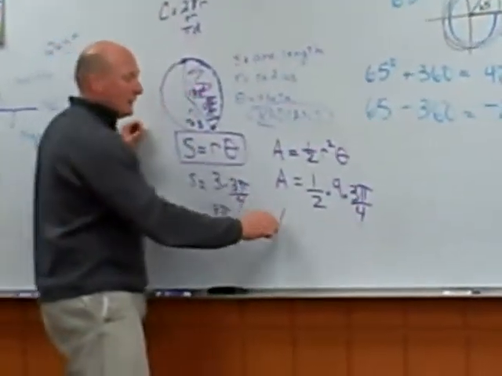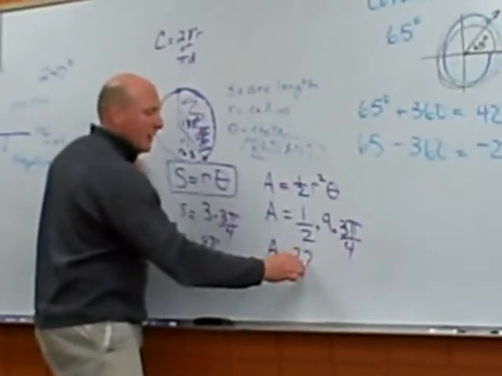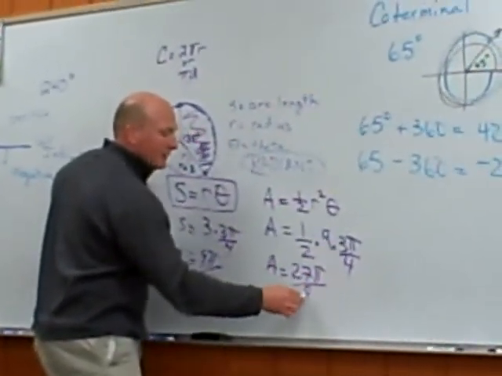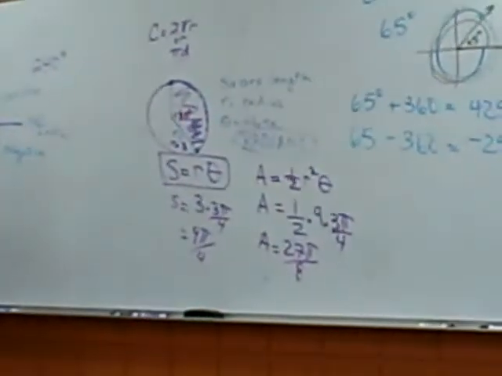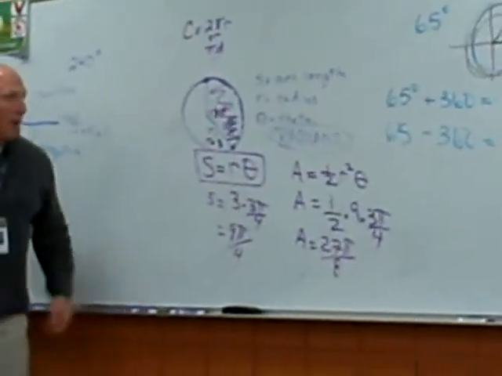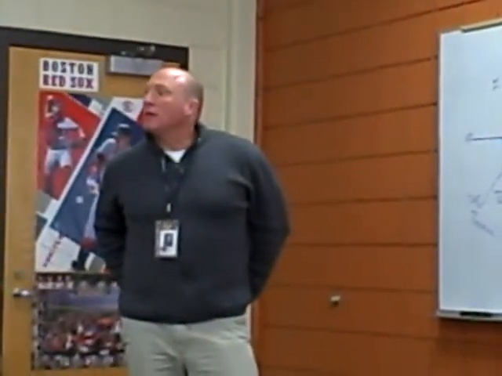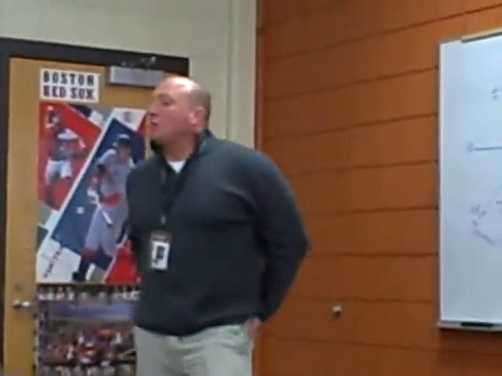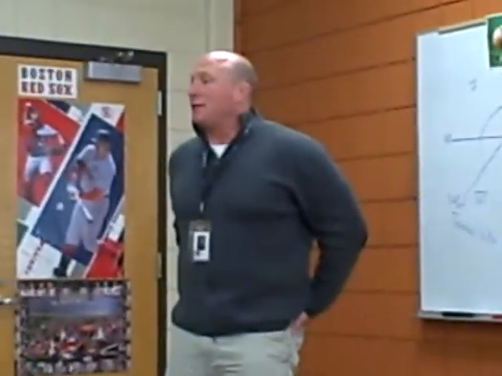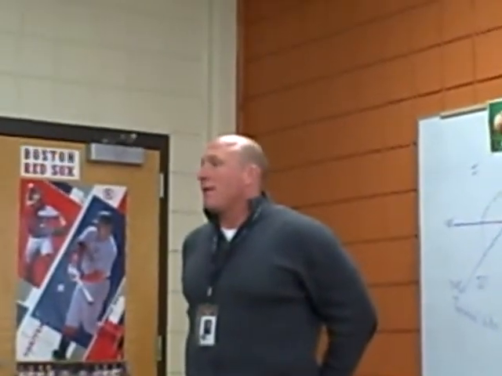Multiply straight across. 27 pi over 8. Don't make it difficult. Keep it simple. Yes, in radians. Once we start using Greek letters, we're talking about radians. With all circles, we've got to have radians. We're talking about pi.